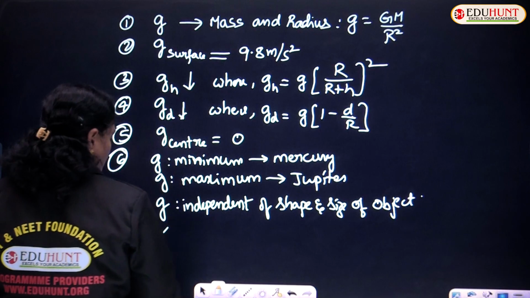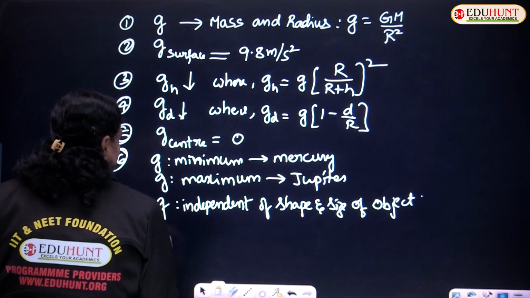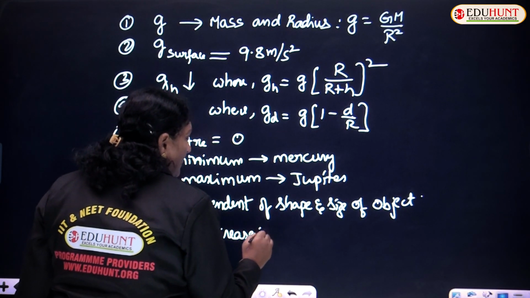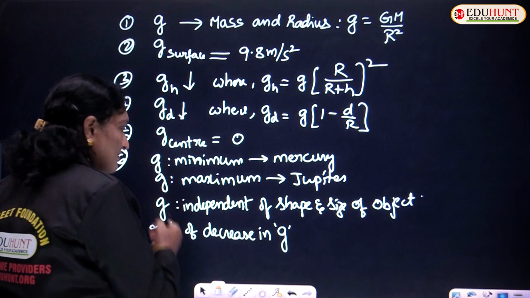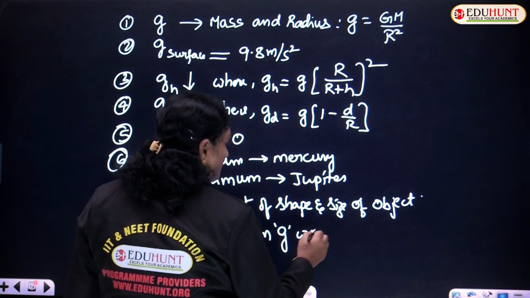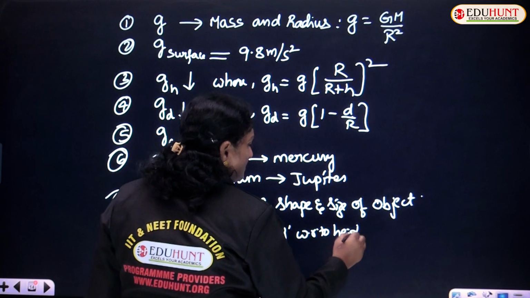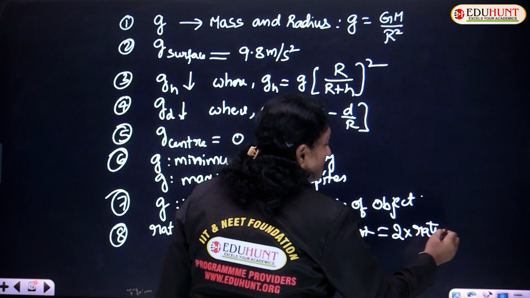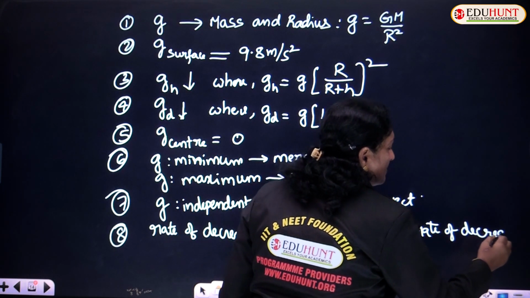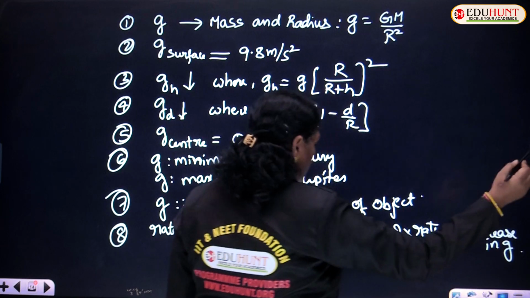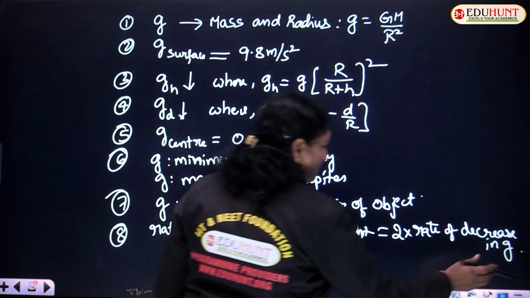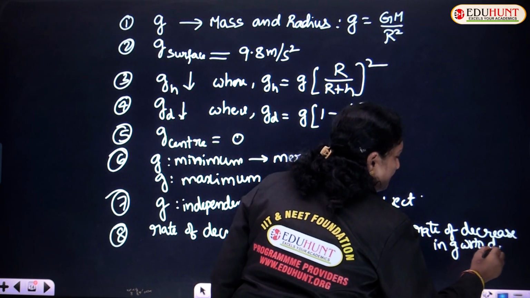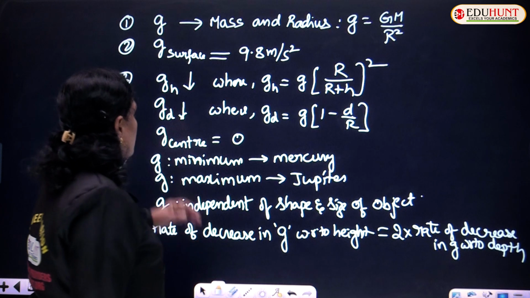I'll write it something like this: the rate of decrease in the value of acceleration due to gravity with respect to height is twice the rate of decrease in g with respect to depth. Okay, children, so these are the main things.